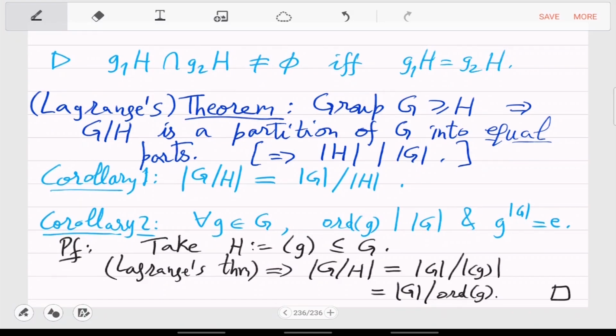So the order of g divides the size of the group.